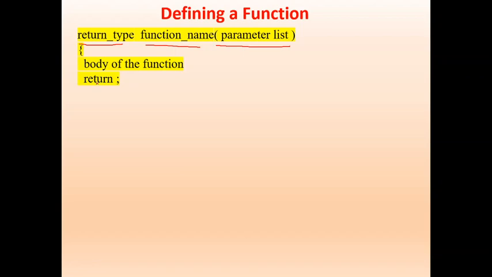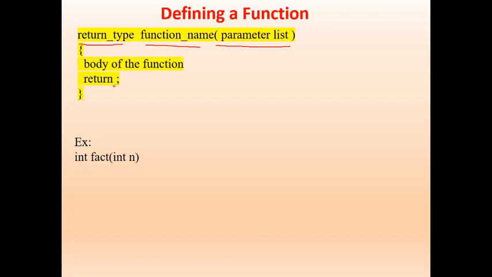The return statement moves the control back to the calling location. This is the function syntax: return type, function name, parameters list, within the braces the body of the function, and the last statement of this body is a return statement, logically the last statement.